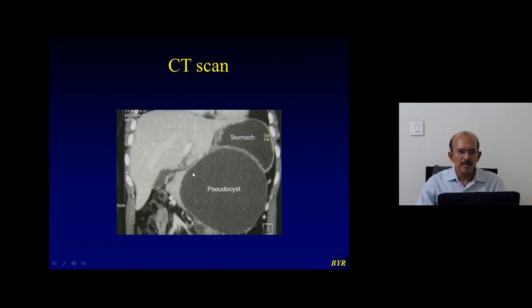You can see the stomach is displaced upwards, and if you look down, you can see the transverse colon pushed down. That means, as I told you, the pseudocyst of the pancreas can present behind the stomach, between the stomach and pancreas, somewhere here. Or it may present between stomach and liver, or between stomach and transverse colon. If you recall the anatomy of the lesser sac, you will understand how it can manifest like that. Of course, I already explained this to you in the anatomy.